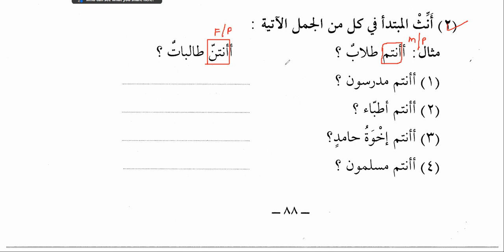So let's do this. And keep this in mind. When you are changing the pronoun, you need to change the noun also because the noun has to be in plural. And you need to change the gender. Here it's male, here it's feminine.